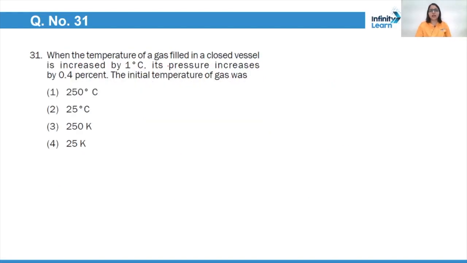Question number 31. When the temperature of a gas filled in a closed vessel is increased by 1 degree Celsius, its pressure increases by 0.4%. The initial temperature of the gas was. So, it is a closed vessel. That means P1 upon T1 is equal to P2 upon T2. So, T1 can be written as P1 upon P2 into T2. Right.